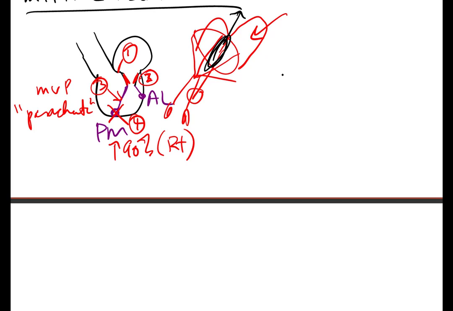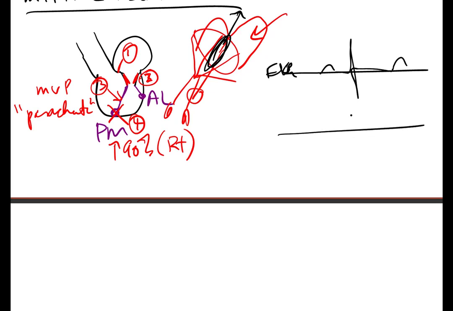So what are we going to hear? This is going to be in the mitral valve area. Let's do our EKG. So there's our P wave, PR interval, QRS of depolarization, T repolarization. So that's going to give us our mitral valve. That's going to give us our aortic valve. And we're going to see two patterns of defect. In our standard mitral regurgitation, what we would see is we would see a holosystolic murmur.